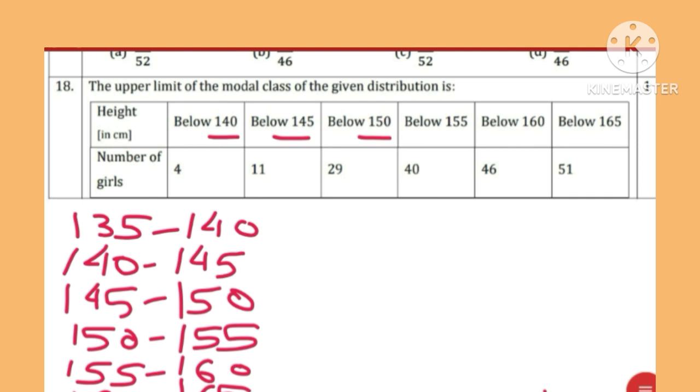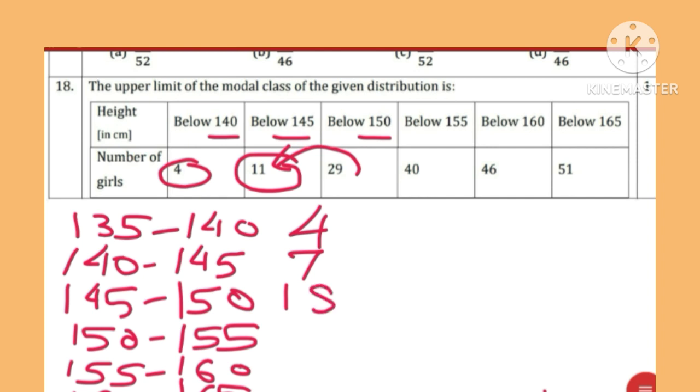Here they are, and now let us write the frequencies. Since it is below 140, the frequency is 4, so obviously for 135 to 140 also the frequency will remain 4. Now below 145 it is 11, out of which 4 is already adjusted in the first one. So 11 minus 4 is 7. 29 minus 11 is 18.